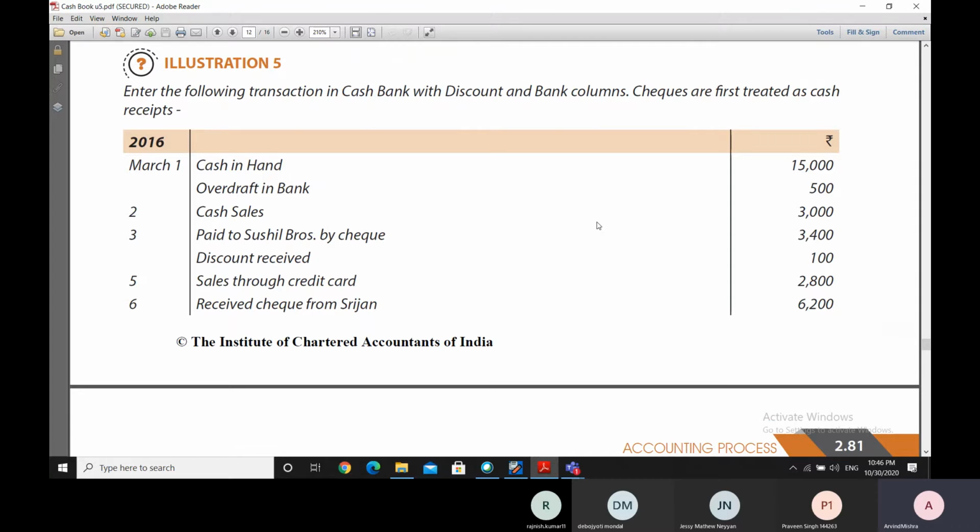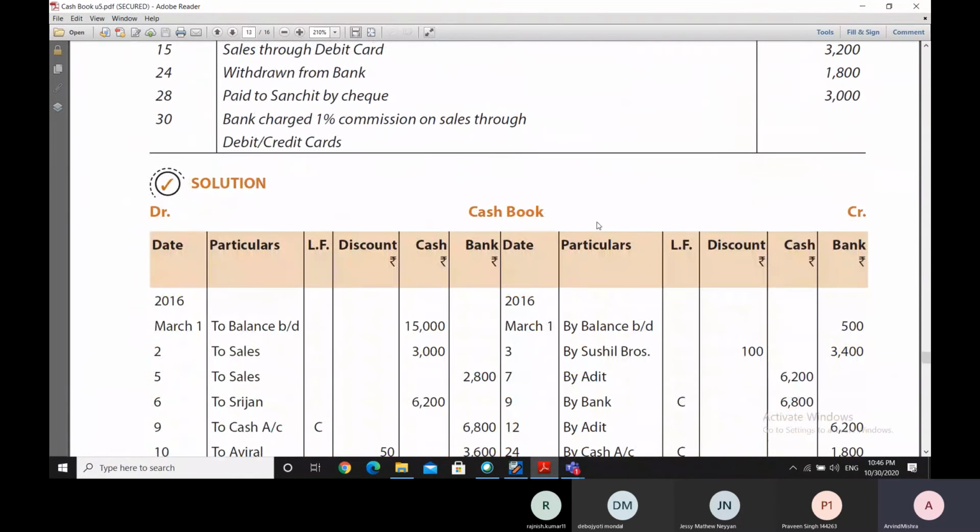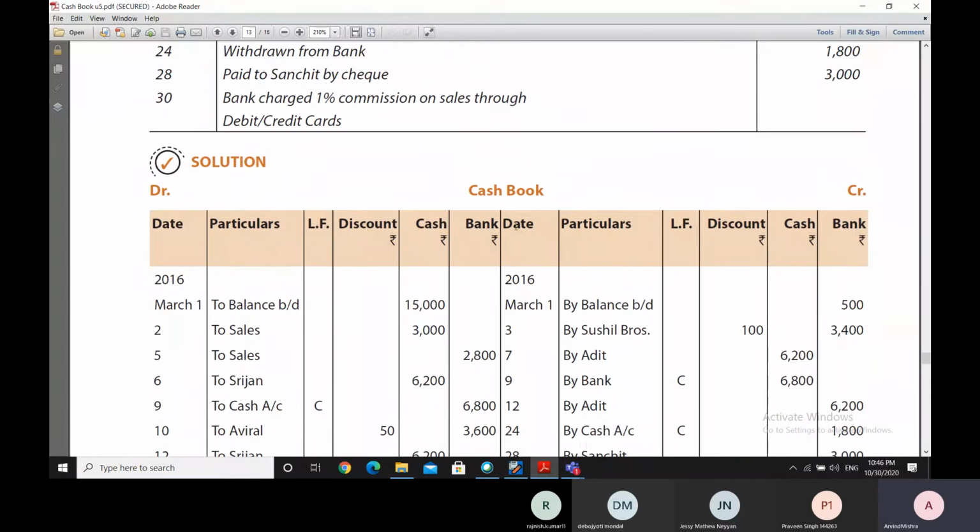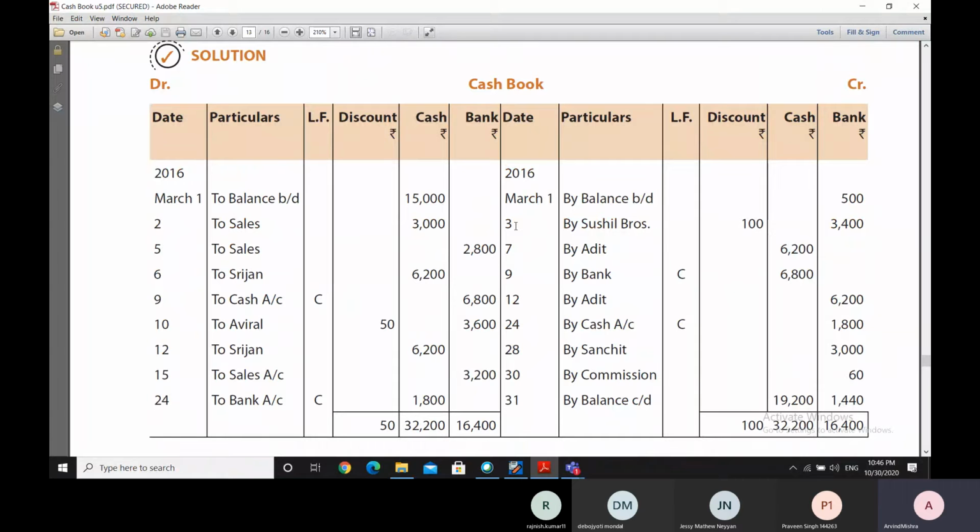First thing is that there is a cash in hand of 15,000 rupees. And when there is cash in hand, we are making a brought down entry of 15,000 rupees here in the cash book. You can see the cash book having various columns: the discount column, the cash column, and the bank column.